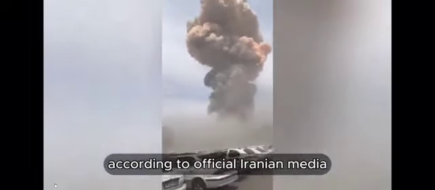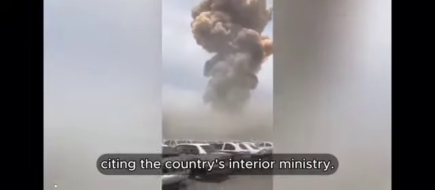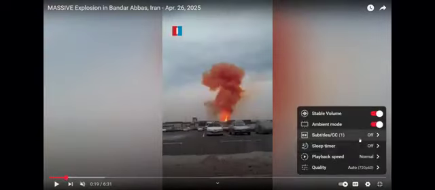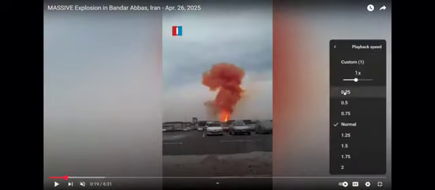So we get the red and black smoke, just like the big blast over in the Mideast a couple years ago. Look at that. Here, let's do that in slow motion. Hold on. Let's turn it on slow.